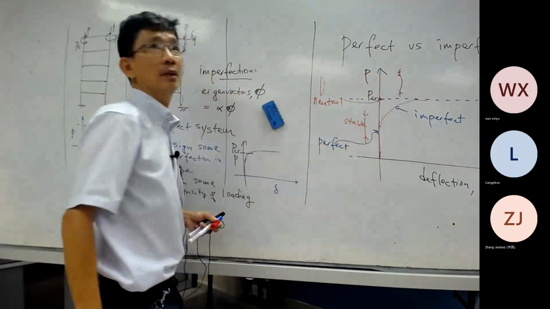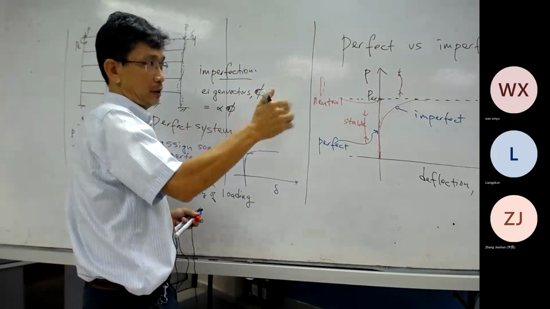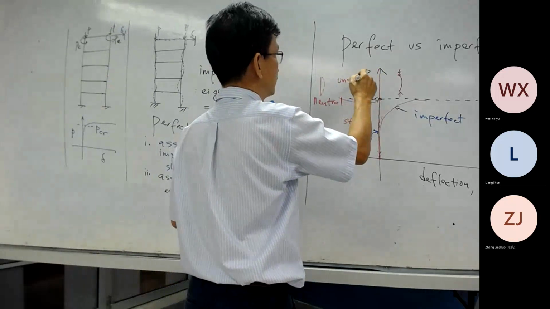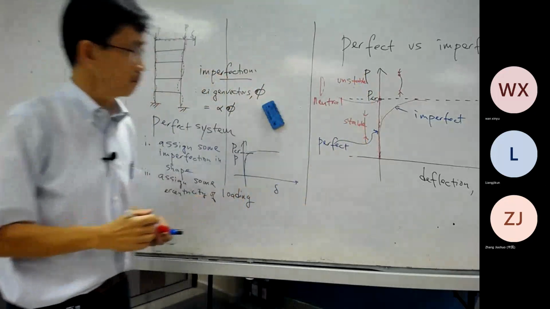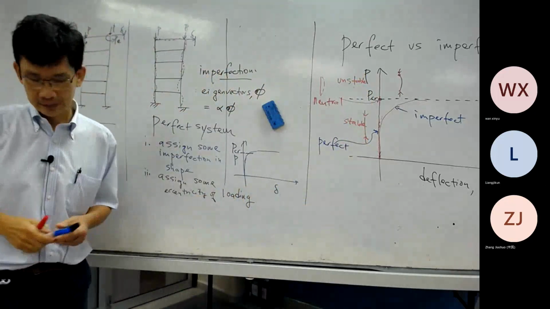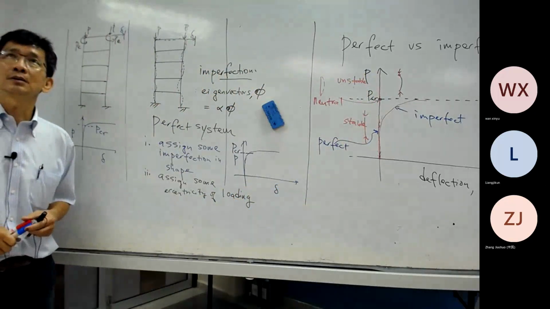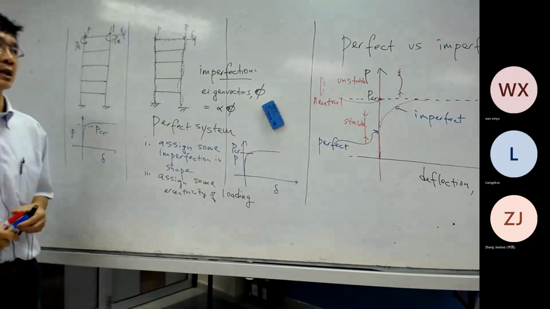Here, the straight one becomes unstable. It has to bend if you disturb it. So that is to differentiate between perfect and imperfect using this diagram.